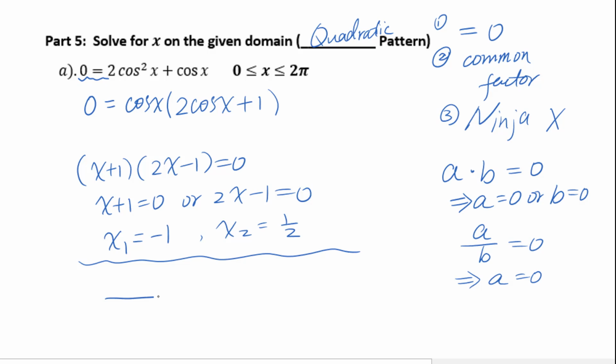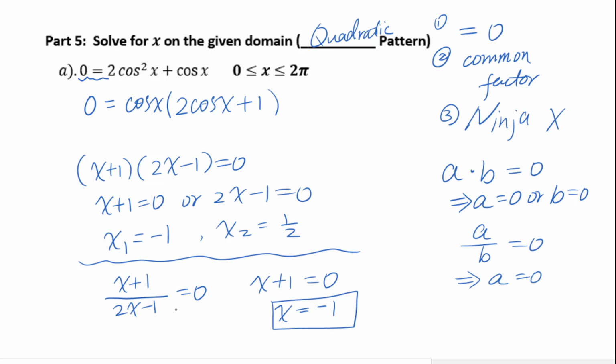If you solve this equation, x plus 1 over 2x minus 1 equal to 0, you will set up x plus 1 equal to 0 only, then x equals -1. So you only have one solution to this equation. We have two solutions to this equation.